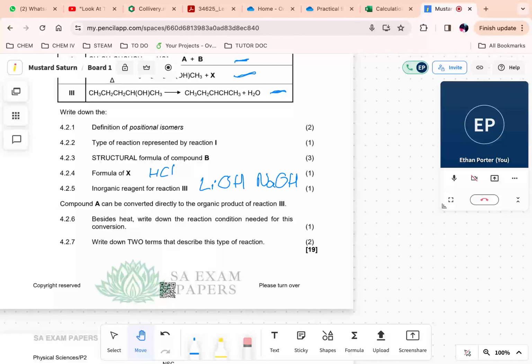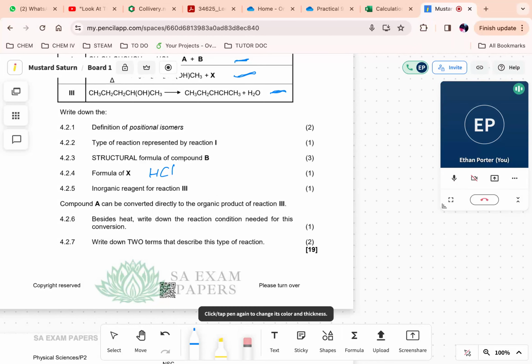Oh, my mistake. Sorry, I got a bit confused here. In order to convert this alcohol back into an alkene, it's not strong base, it's strong acid, specifically sulfuric acid. So this is concentrated H2SO4.